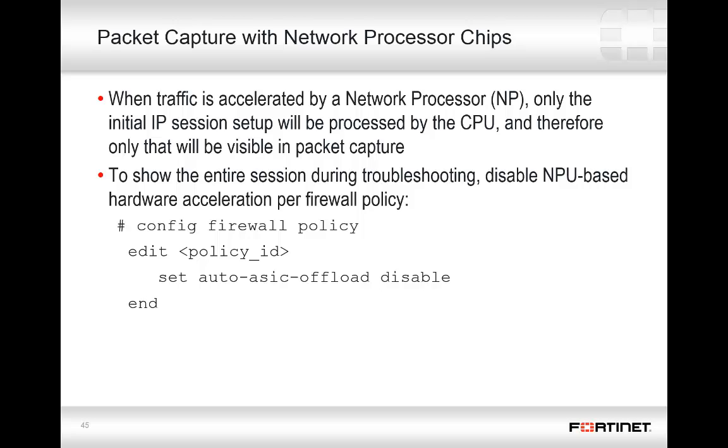If you need to capture all of the session, you must temporarily disable hardware acceleration first. This can be done on a per firewall policy basis. Remember, this change will impact performance. The traffic matching the firewall policy where you have disabled NP acceleration will be processed more slowly. Hardware acceleration should be immediately re-enabled after finishing the sniffer.